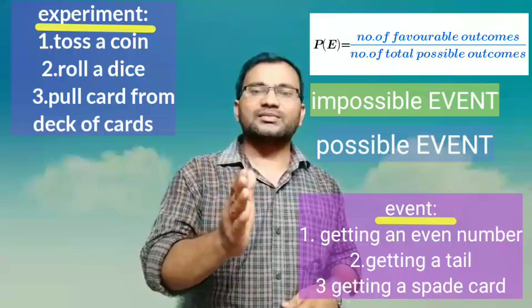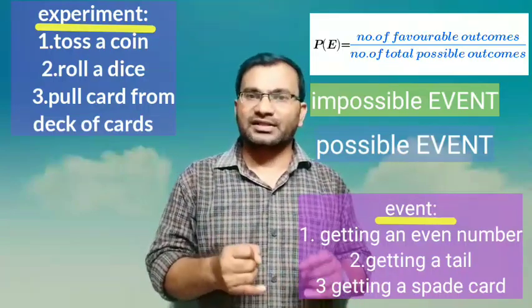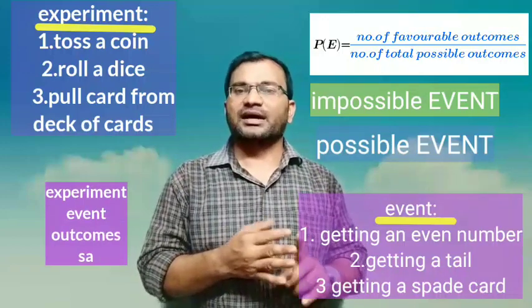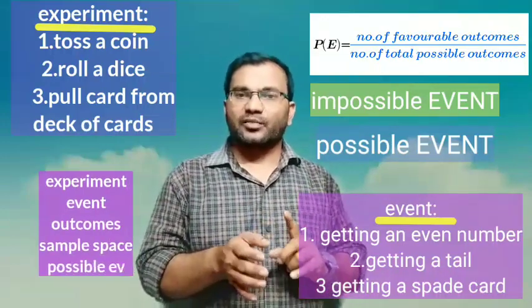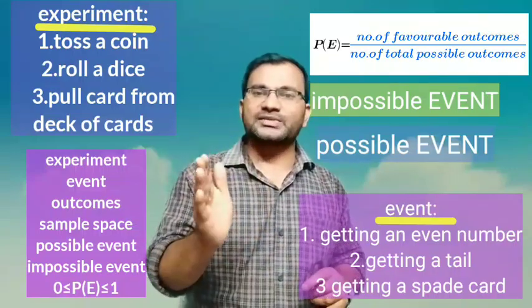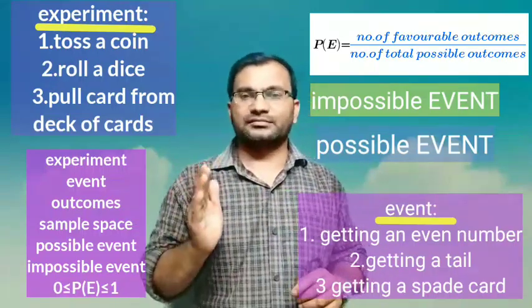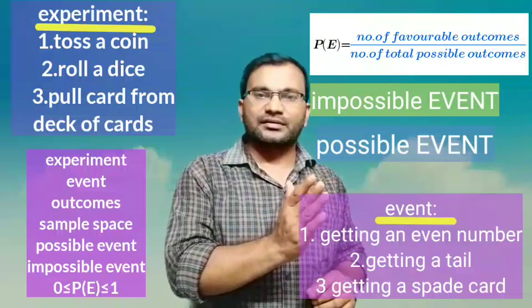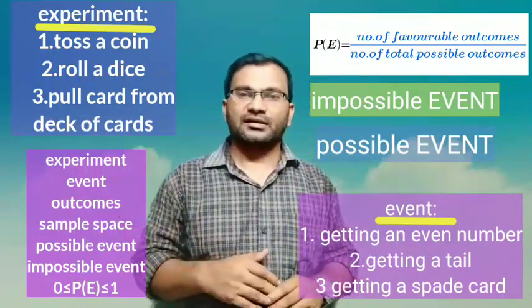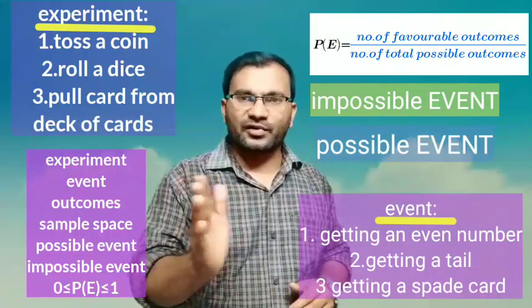So it is a possible event. So we covered the terms experiment, event, outcomes and sample space, possible event, impossible event. Moreover, P of E lies between 0 and 1. 0 means impossible event, 1 means possible event.